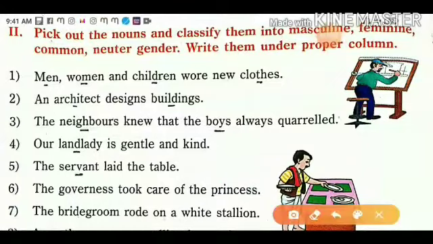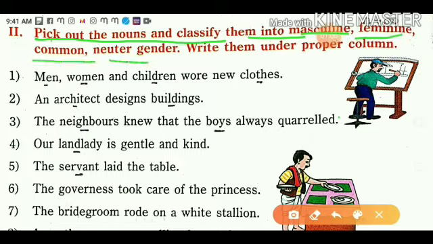Pick out the nouns and classify them into masculine, feminine, common and neuter gender. Write them under proper columns. There are some sentences.